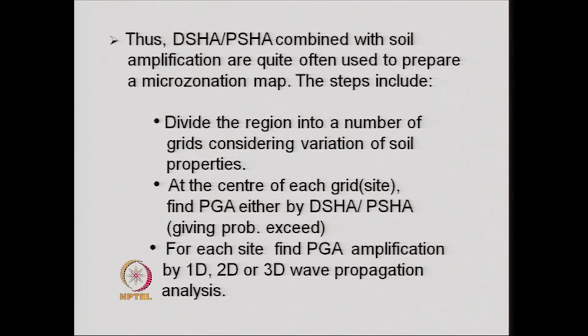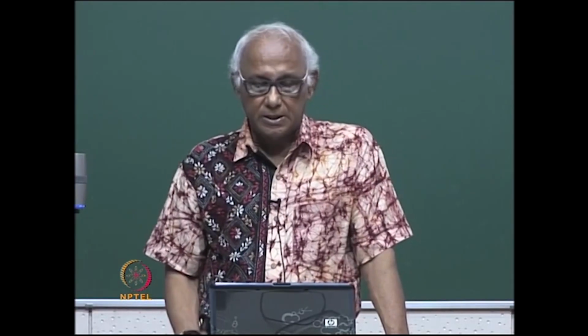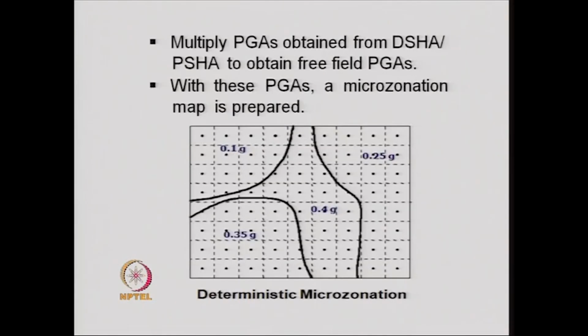And then for each one of the sites, that is the center of the grid, one can find out the PGA amplification by performing a one-dimensional, two-dimensional, or three-dimensional wave propagation analysis. That is what we discussed before. And multiply the PGAs obtained from the DSHA or PSHA analysis by the amplification factor, and accordingly prepare a microzonation map.